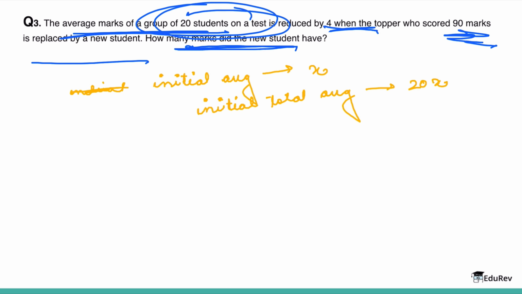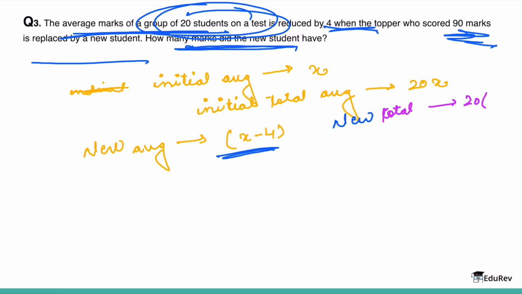So what is going to be the new average? Now the new average, can I write it as x minus 4, and the new total will be what then? If this is the new average, the new total is going to be 20 times x minus 4, correct? Which is nothing but 20x minus 80.